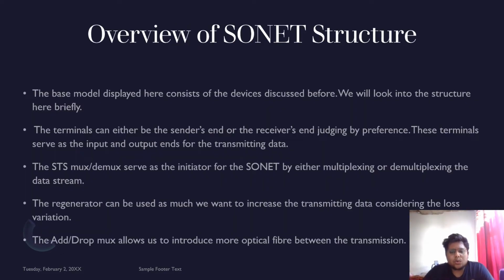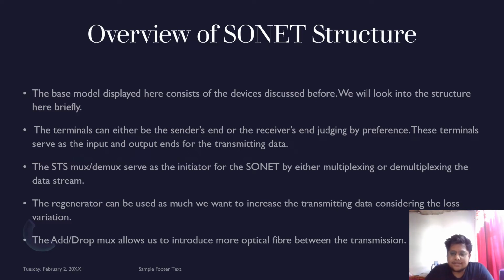If you want to have an overview of a SONET structure defined here, it can be said that the base module displayed here consists of the devices we have discussed before. The three main devices that were discussed before are shown here. Let's say either the sender or the receiver, the transmit terminals can be defined there. Let's say they serve as an input and the output ends up transmitting data.